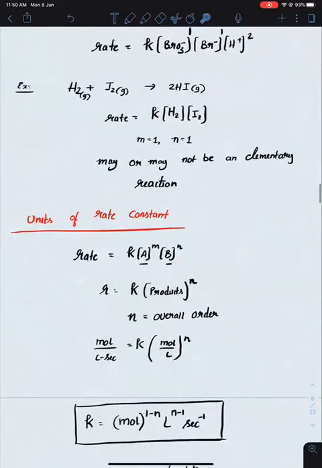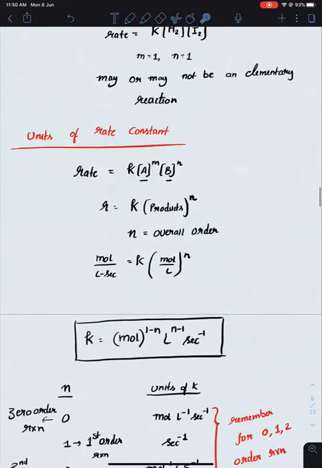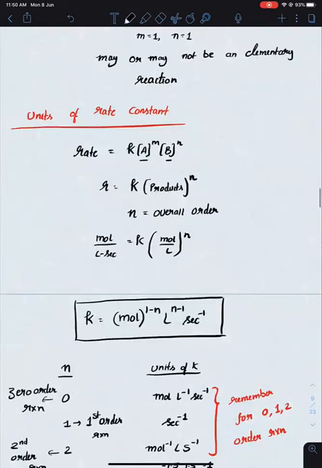Then we have seen the units of rate constant. Rate is equal to K into concentration of some reactants to the power n. I wrote products here, but it has to be reactants, right? The unit of concentration is mole per liter.